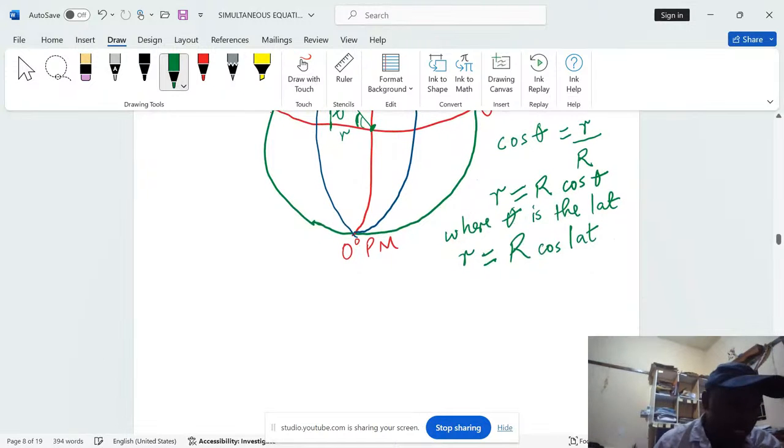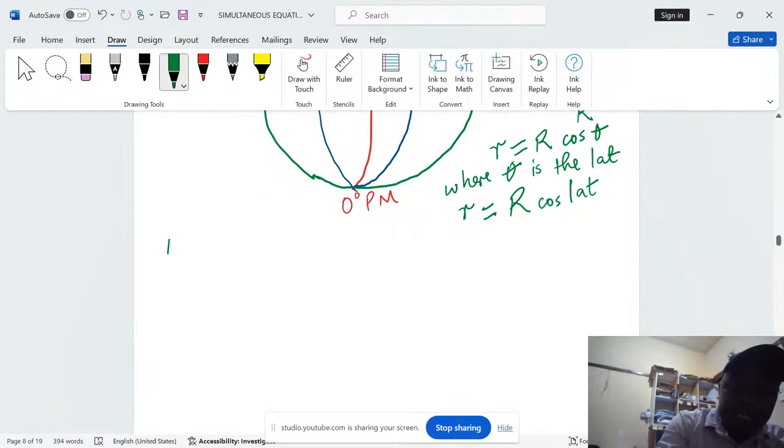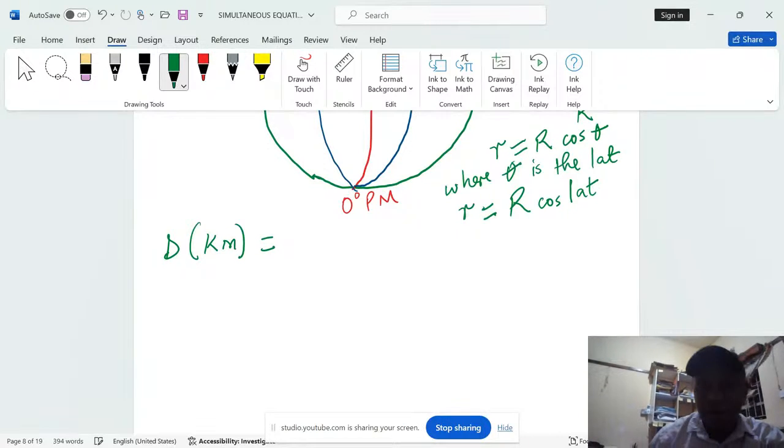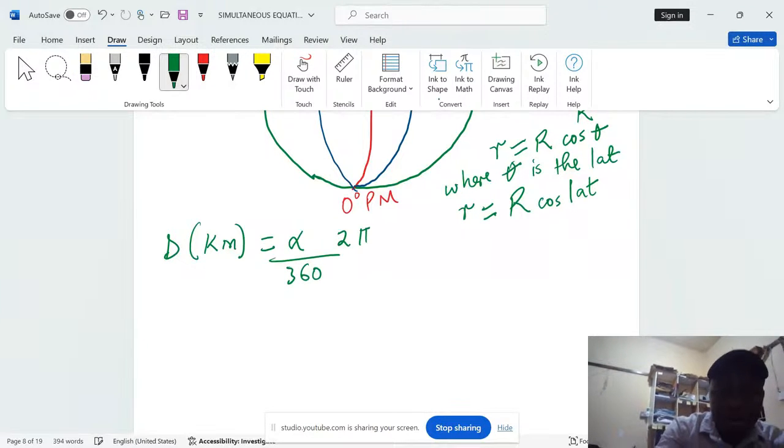Just like any other arc length from point A to B, the distance in kilometers along a small circle will be given by angle alpha divided by 360 multiplied by 2 pi small letter r. But we have said that small letter r is given by capital R cosine of latitude.